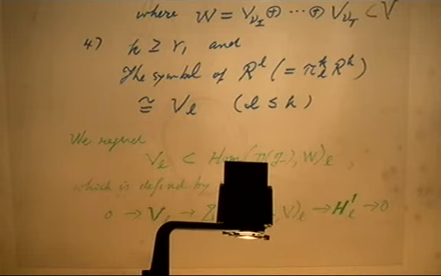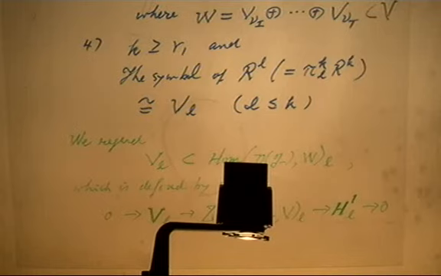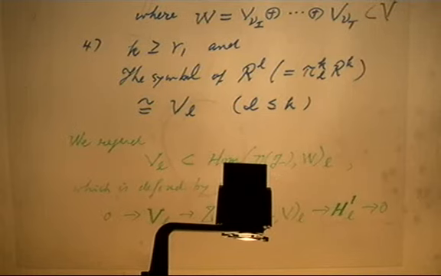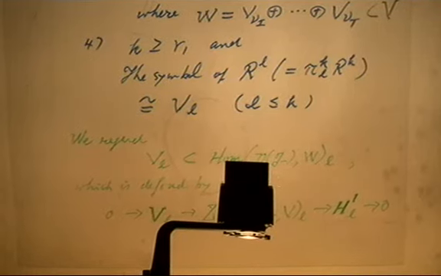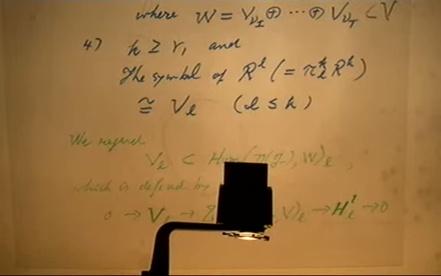Question: does it say VL is contained in HOM of... pardon? VL is contained in HOM of UG minus, yes. The universal enveloping algebra. Thank you. So we regard VL in this way.